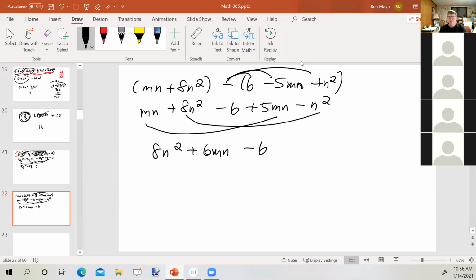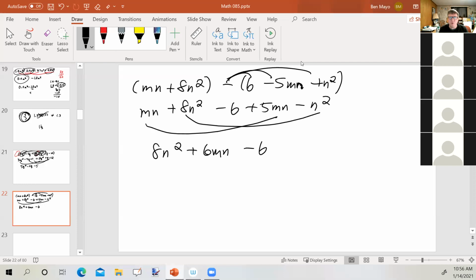Now, term by term, the degree of 8n squared is 2. The degree of 6mn is also 2, because you'd add the one that's implied on the m and the one that's implied as the exponent on the n. So then the question is, well, which one's standard form? Okay.